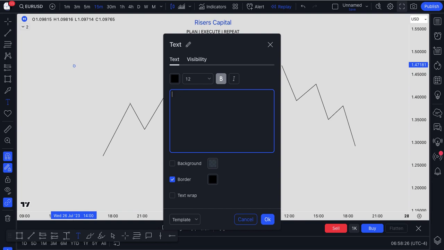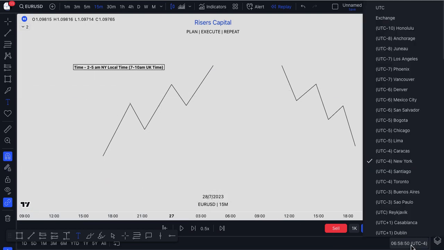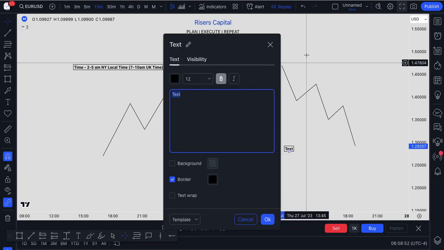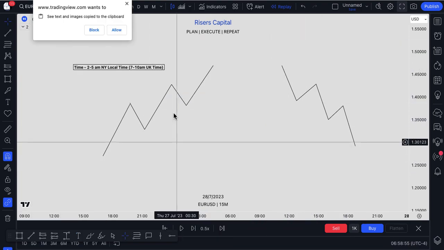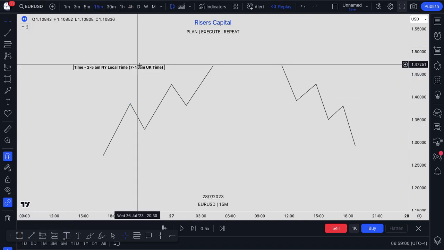So, the time, 2 to 5 a.m. New York local time, 7 to 10 a.m. UK time, okay? And obviously everything can be changed here to New York time, okay? So yeah, sorry about that, don't know what that was, but yeah.